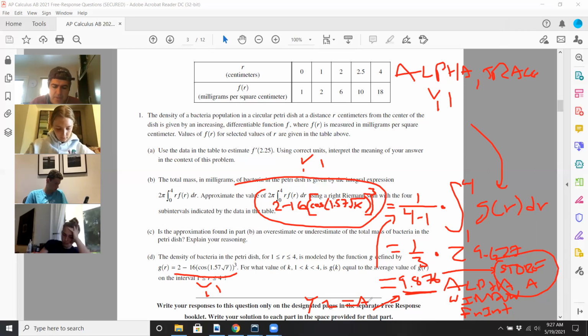And then I'd probably just graph in the standard window, if you hit zoom and then option 6, standard, and just look for where they touch from 1 to 4. And actually, I might adjust the window a little bit. Maybe I'll make my Y max 20 so I can see it a little better. Okay, second, trace, intersect.